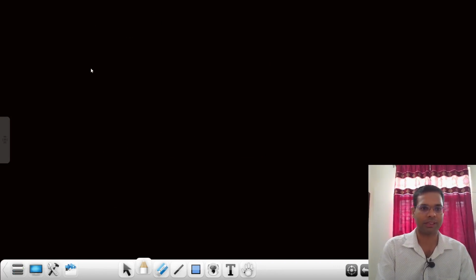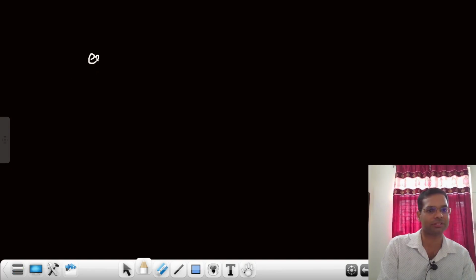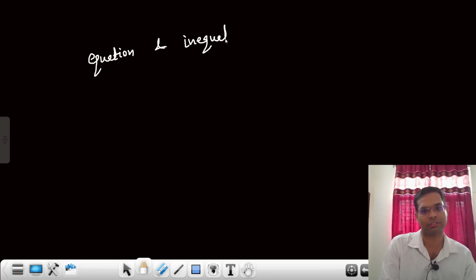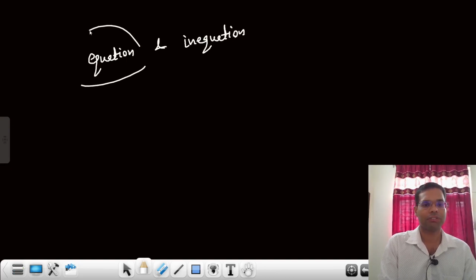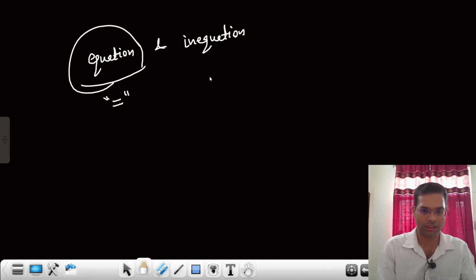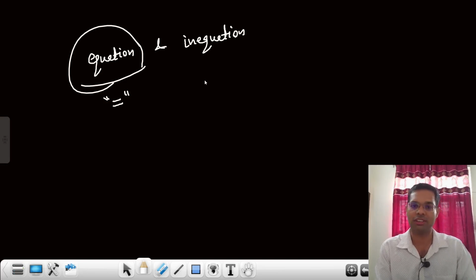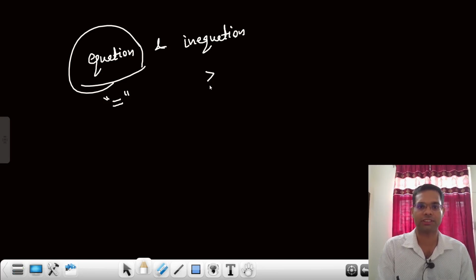Last thing, what is the difference between equation and inequation? Equation means we have an equality sign. Inequation means you have signs like greater than, less than, greater than equal to, less than equal to.